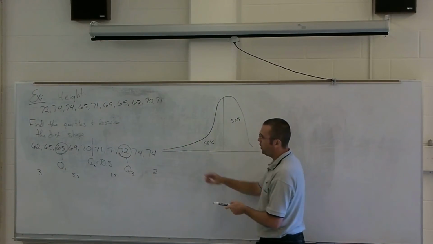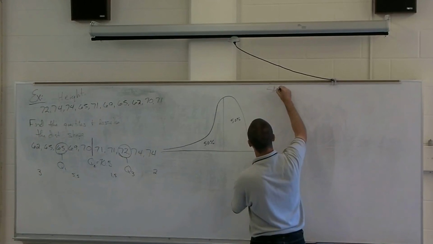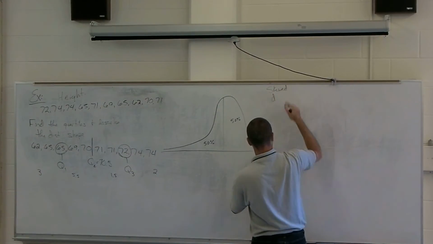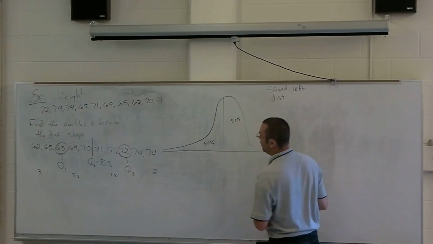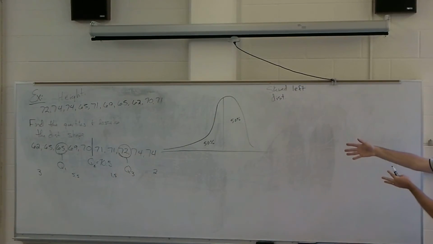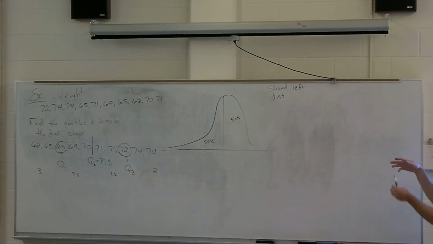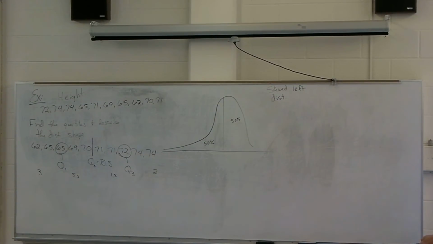And so here we have a skewed left distribution. Again, we're using our quartiles to describe how that shape comes about.